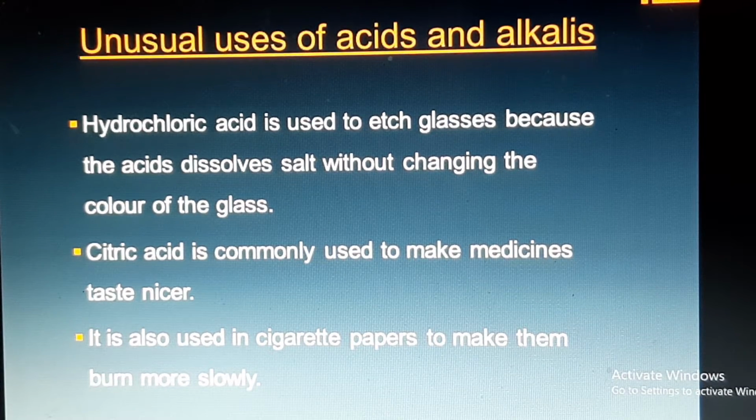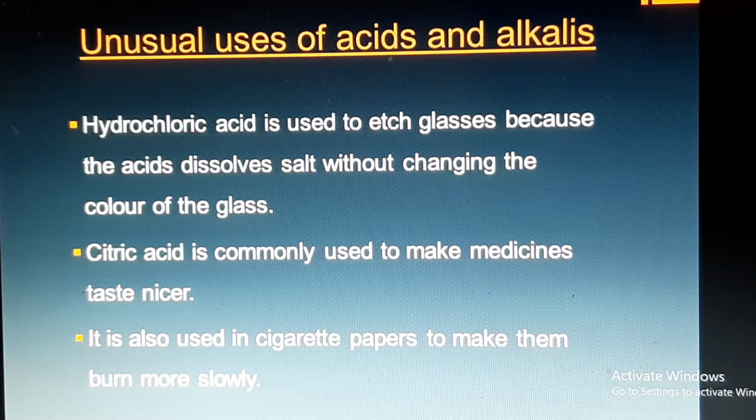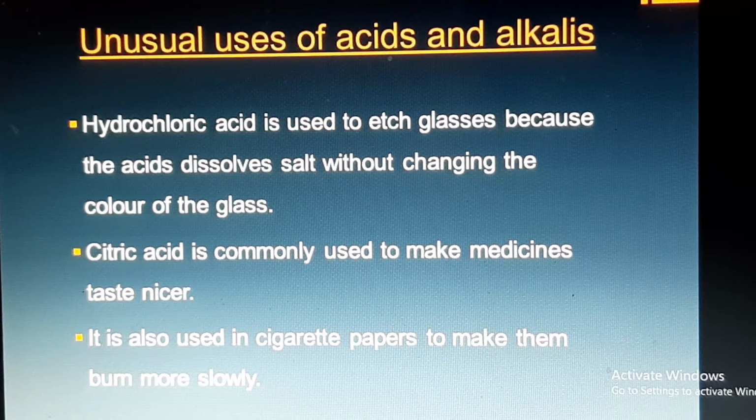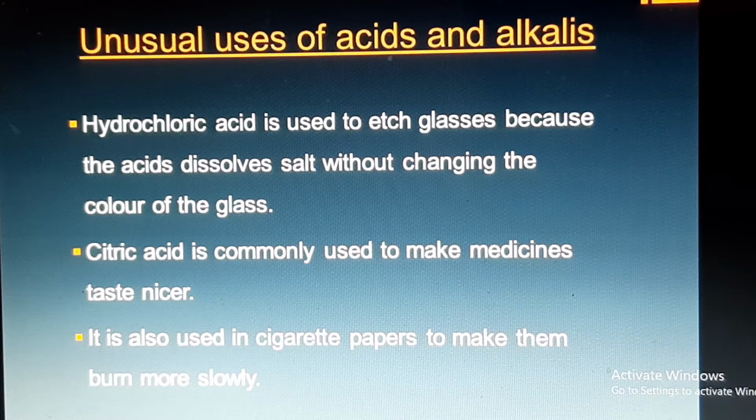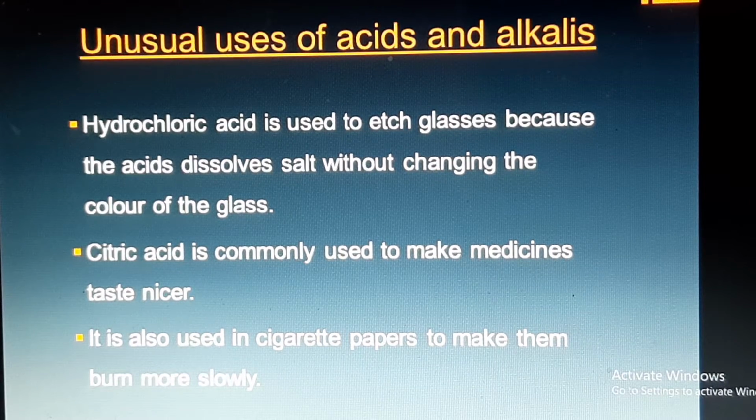The next use of citric acid is in cigarette paper to make them burn more slowly. What is the use of citric acid in cigarette papers? If you are using citric acid in cigarette papers, the cigarette will burn more slowly.